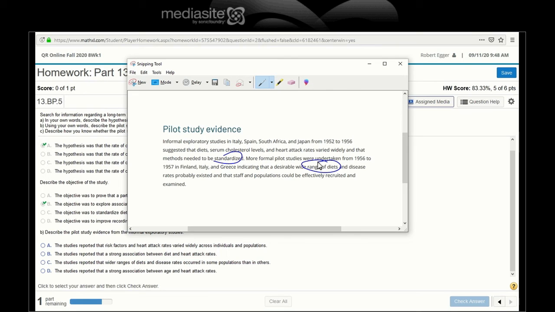Study reported that risk factors and heart attack rates varied widely across populations and individuals. It's a possibility. Study reported a strong association between diets and heart attack rates. I don't think I saw that anywhere in here.